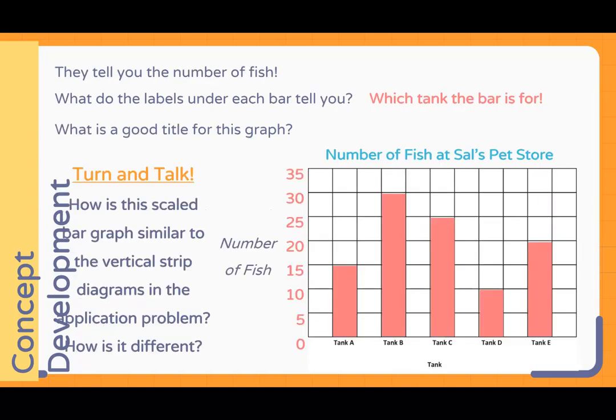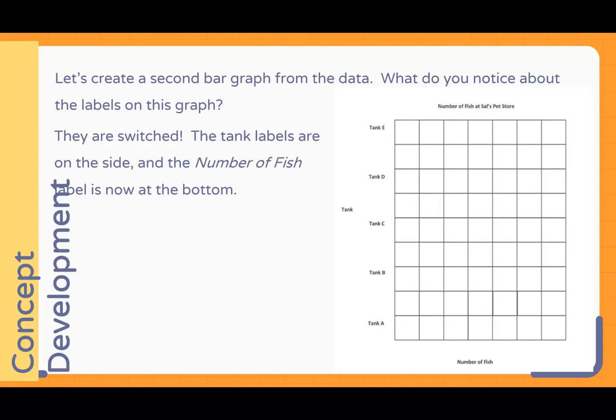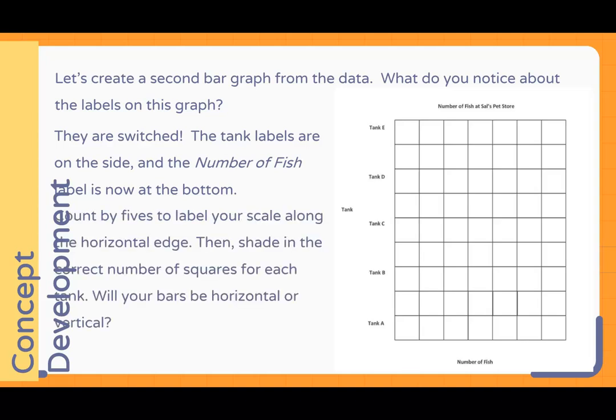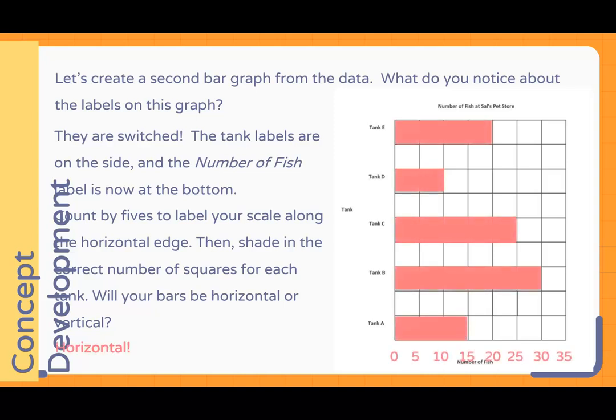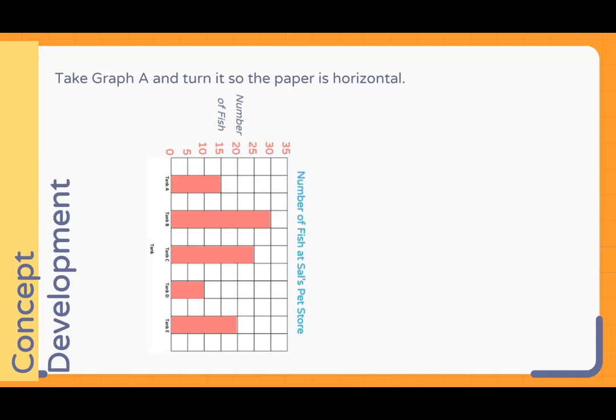Okay. This would be like we were doing the strip diagram vertically up and down, right? This would be like we're doing a regular strip diagram because it's going to go horizontal, side to side. Okay. There it is. All right.